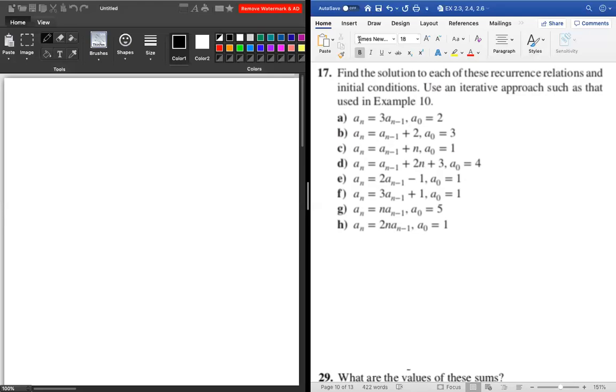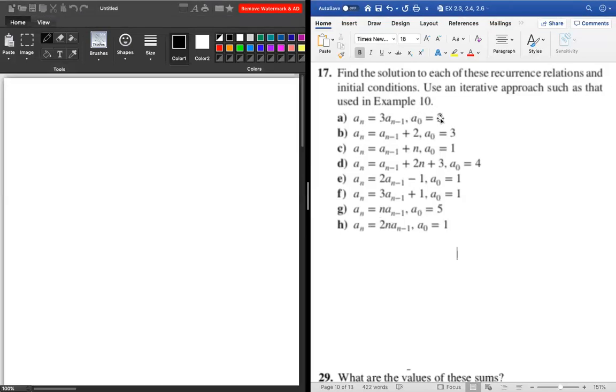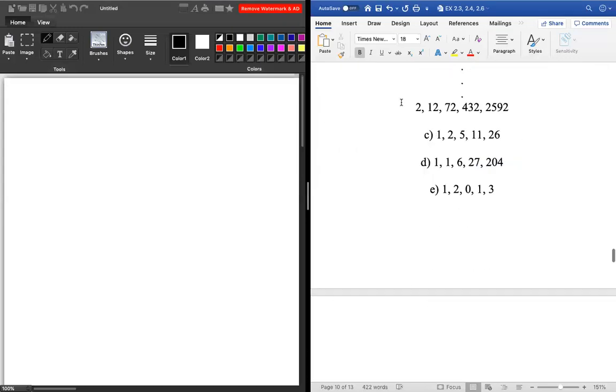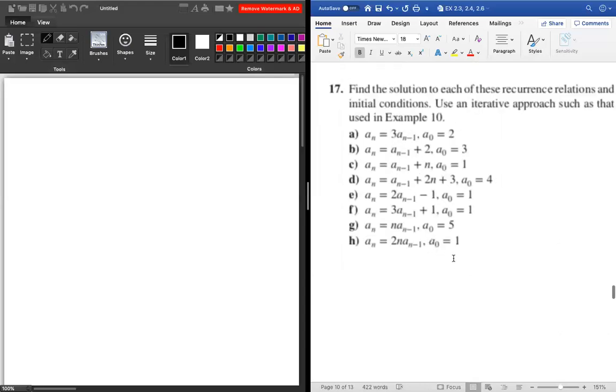Here we have this initial condition as a0 equals 2, and here we have this recurrence relation, a_n = 3a_{n-1}. We have to use an iterative approach, just like we used in these examples over here, to find the solution for this relationship.